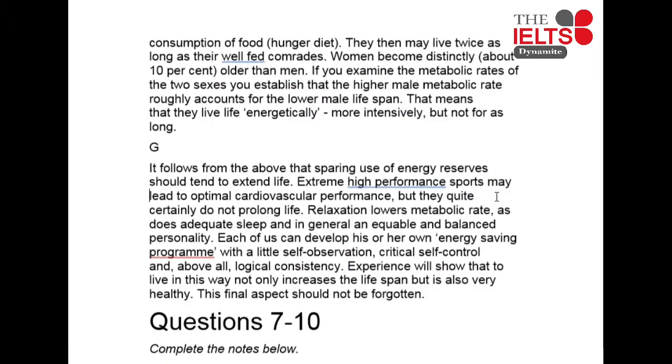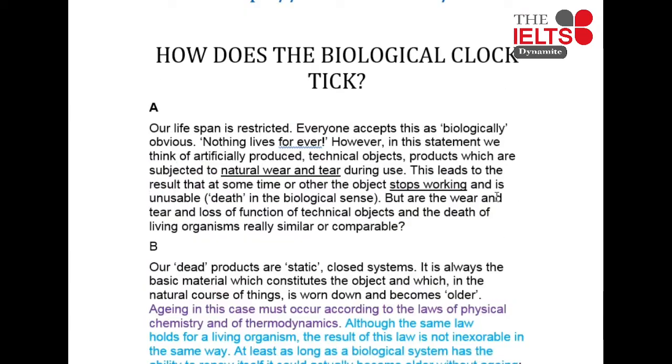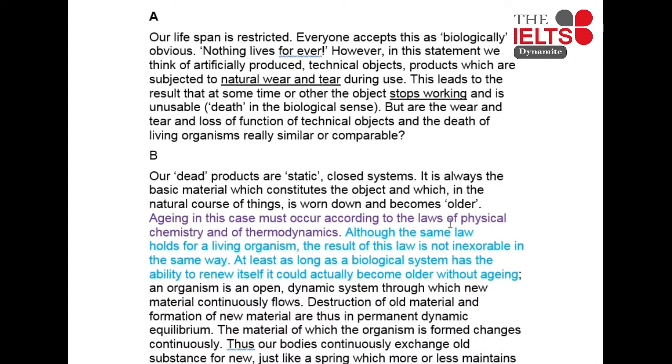Let's refer to the passage. Remember the part I highlighted a few minutes ago. Although the same law holds for a living organism, the result of this law is not inexorable in the same way. At least as long as a biological system has the ability to renew itself, it could actually become older. It's actually mentioned as it is in the passage, which is so easy.